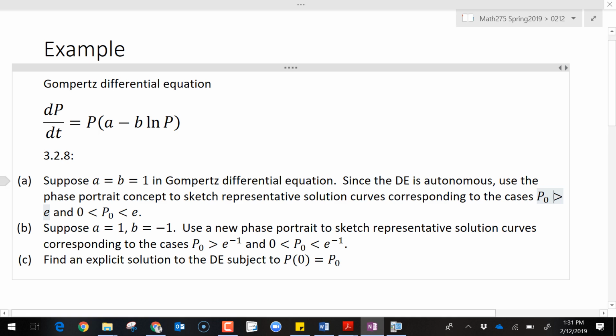And p naught is between 0 and e. And then suppose a is equal to 1, b is equal to negative 1. Use a new phase portrait to sketch. And then find an explicit solution to the differential equation.